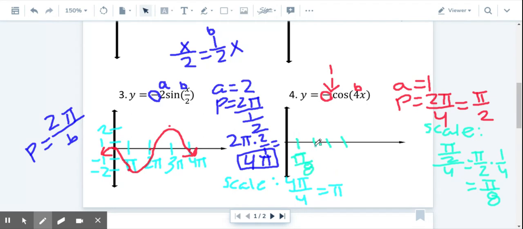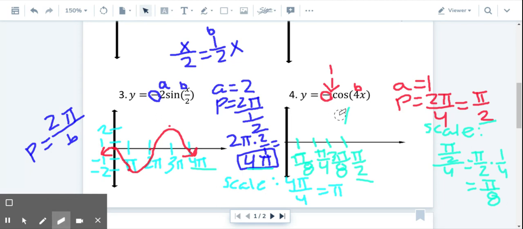So we have 1 pi over 8, 2 pi over 8, 3 pi over 8, 4 pi over 8. So 2 pi over 8 becomes pi over 4, 3 pi over 8, and 4 pi over 8 becomes pi over 2. So notice when we do this that our last number should always match our period, because our period is one full cycle. So it's just a way to check yourself.